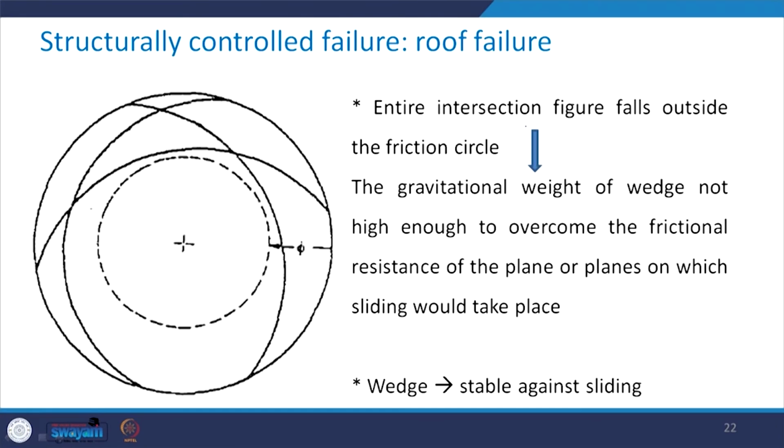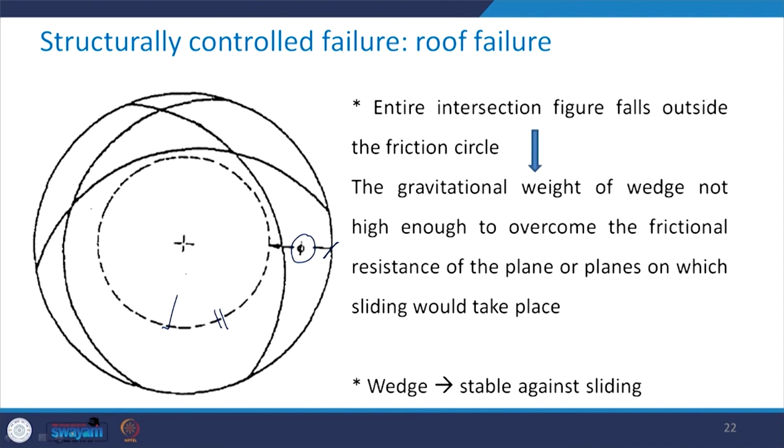This entire intersection figure, if it falls outside the friction circle, as it has been shown here, you see that this dotted circle is giving us the phi circle or the friction circle. How this is drawn is, you just need to take the angular division from this circumference towards the center, and then just draw this dotted circle.